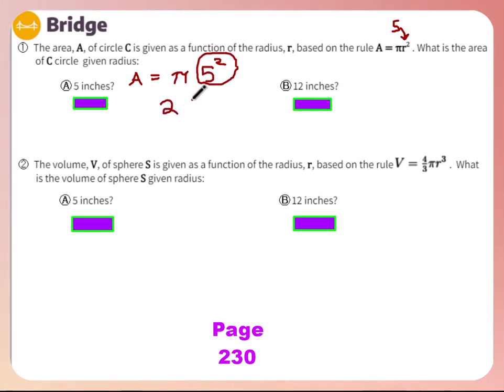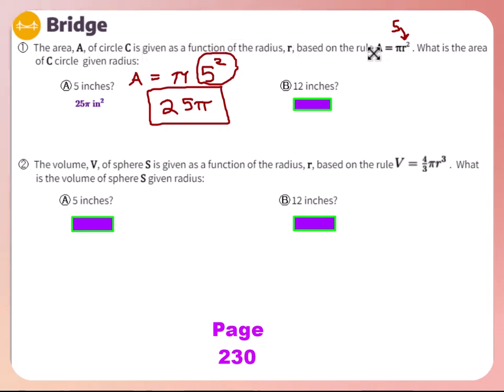So the area equals 25 pi. That's the exact area. Now if you put in 3.14 or an approximation for pi, you're going to have a number that's rounded off. So if it asks for the exact value, you're going to put 25 pi. And that's going to be inches.